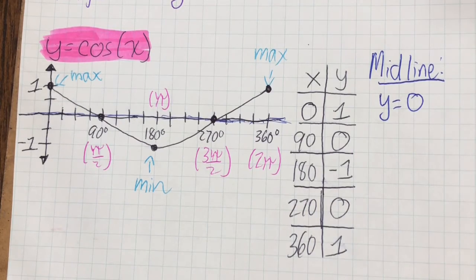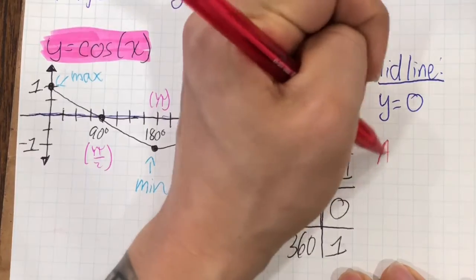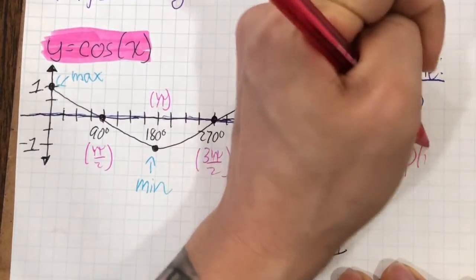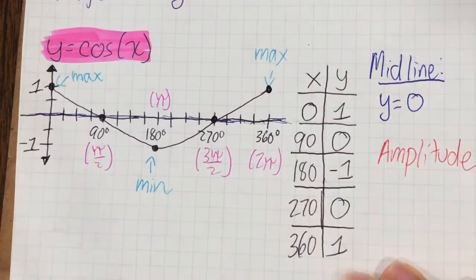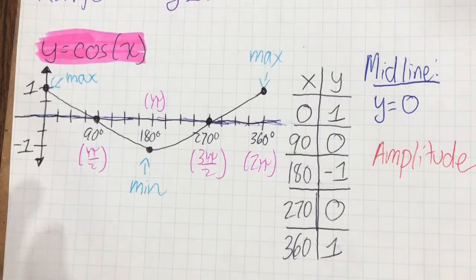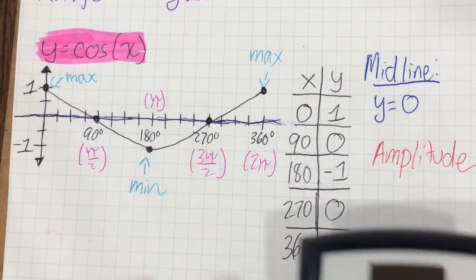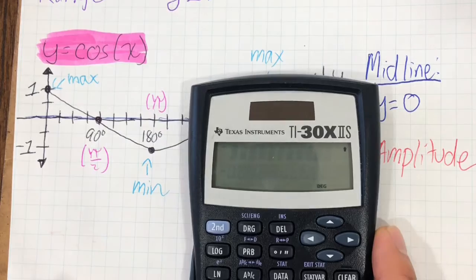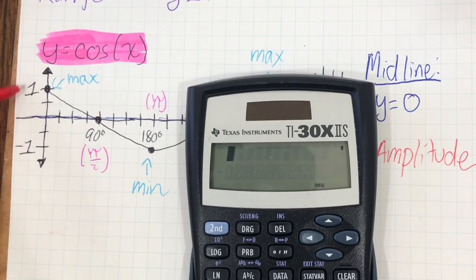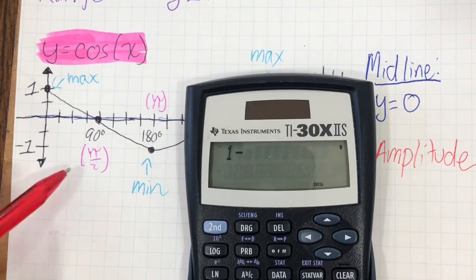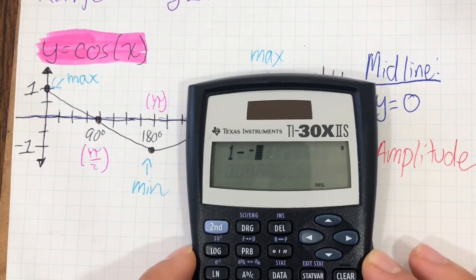So now I'm going to figure out the amplitude. For the amplitude, I do similar calculations. My max is +1, subtracted by the min, which is -1.